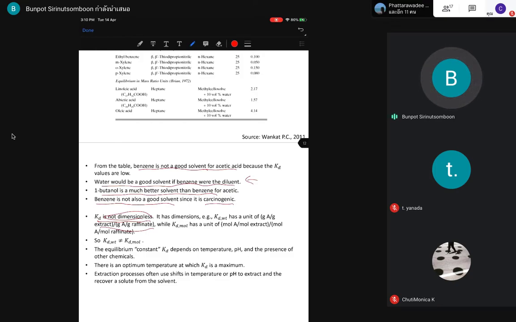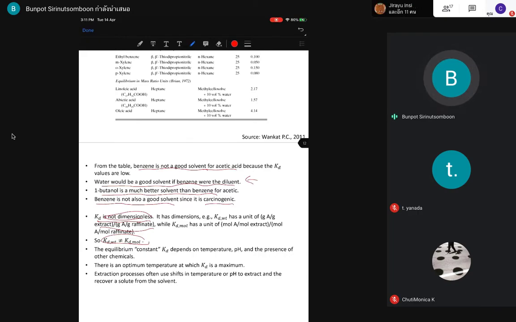And also KD in terms of weight is not equal to KD in terms of moles. So you have to be careful when you do the calculation. You have to know whether the values of your y and x are in terms of weight or in terms of moles, because the composition in terms of mole and the composition in terms of weight will use different values of KD.